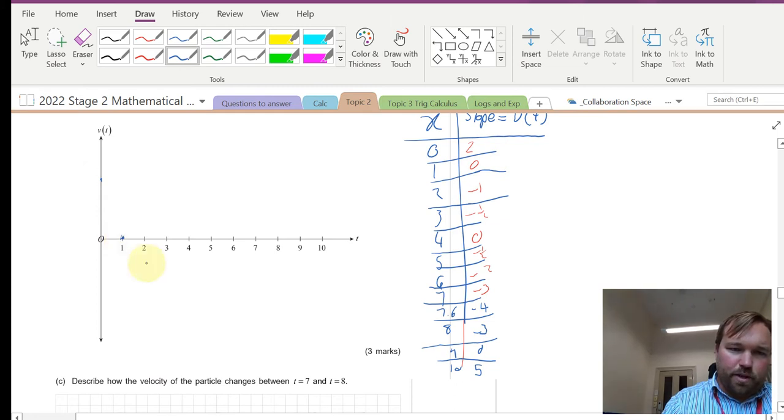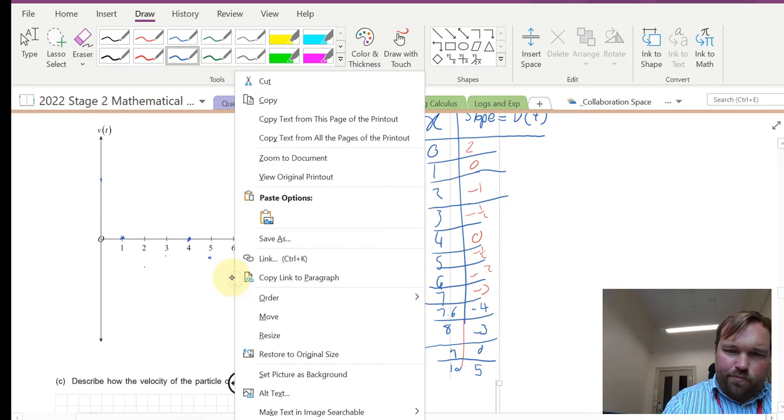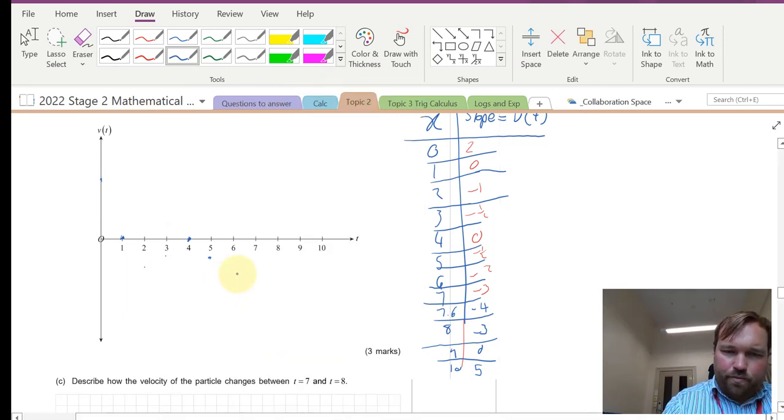And 2 is minus 1. 3 is minus a half. 4 is 0. 5 is minus a half. 6 is minus 2. 7 is minus 3. 7.6 is minus 4. That'll be the low point. 8 is minus 3. 9 is 0. 10 is 5. So our curve does this.